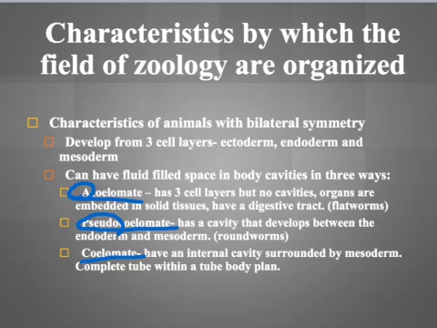So as you look at this, you can kind of categorize these according to the organism. An acoelomate is going to be something like a flatworm, a roundworm is going to have a pseudocoelomate, and a coelomate is going to be things with a true internal body. So if I kind of draw this out for you, we're looking down upon that hollow ball of cells, and the top of the gastrula is cut off. So I'm taking that hollow ball of cells and cutting it like this and looking down into it.